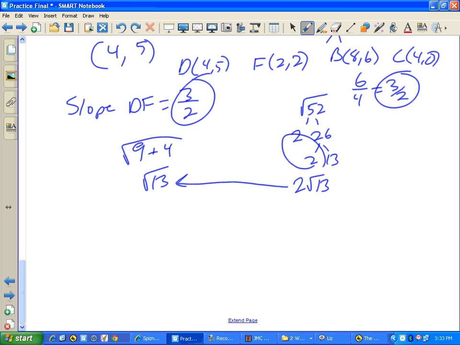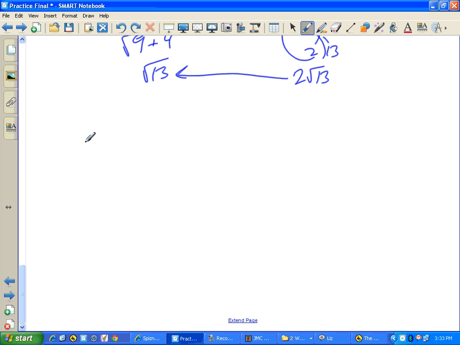Number 11. You could draw a picture for this one, but I'm going to show you the easier way. If you're thinking about what mid-segments do, it's pretty easy to count out where the endpoints of a triangle should be based on the midpoints. So these are my midpoints.